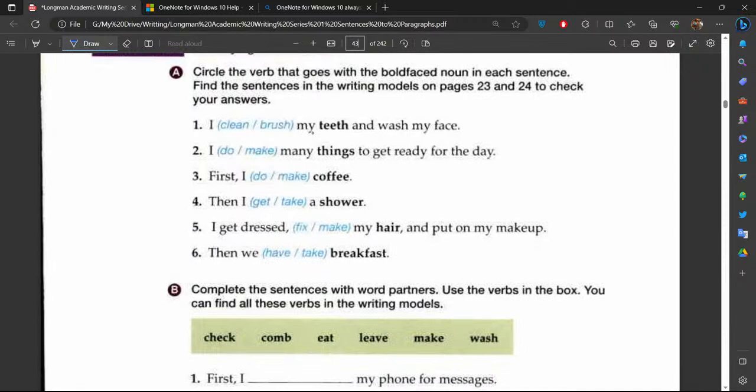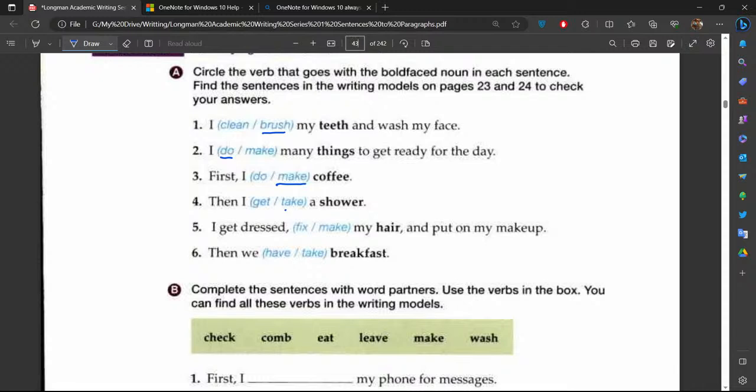Brush my teeth. We say my teeth. We use brush and make. I do many things to get ready, and we used do here, brush my teeth here, and I make coffee here.